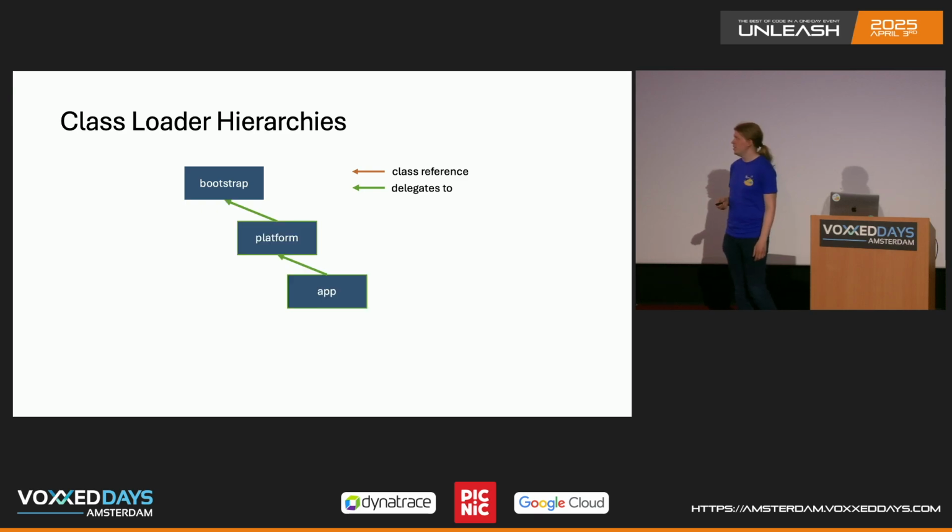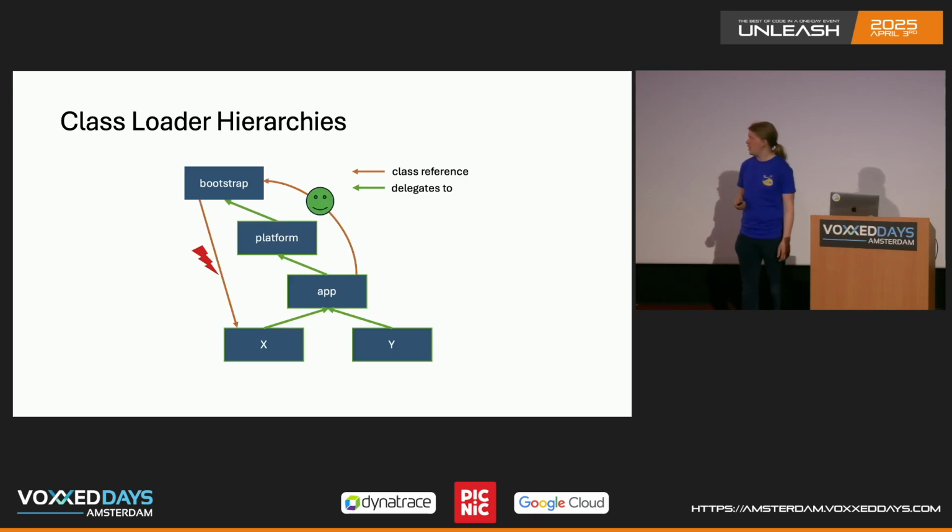The problem is, consider if we have a class in the bootstrap class loader that wants access to your class X. That doesn't work, because when we ask the bootstrap class loader, hey, give me the class X, it's like, I don't know it, but maybe one of my parent class loaders knows it, but it has no parent class loader, so it doesn't have any access to X.